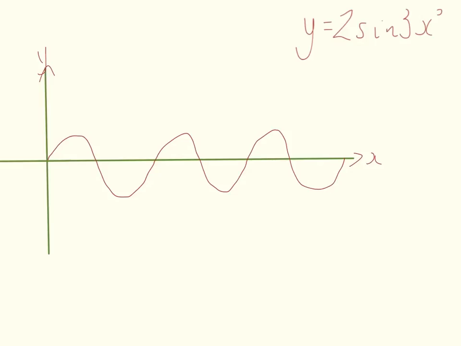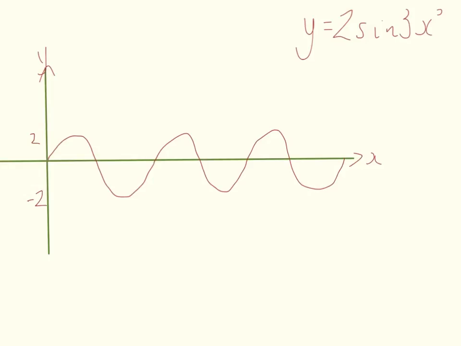So what changes here is that instead of having a maximum and minimum value of 1 and -1, this number here changes the amplitude, so it's going to be 2 and -2.